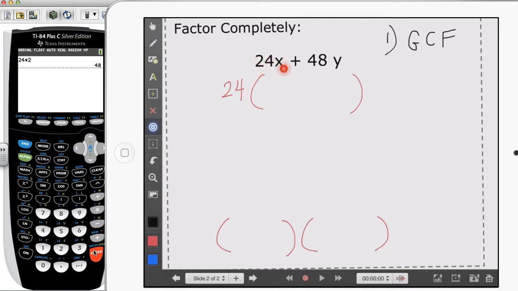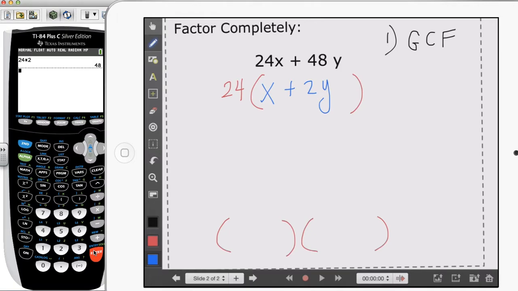You're going to be only left with an x. What's going to be left of the 48 if you factor 24 out? You know that 24 times 2 would give you 48. So then what's going to be left is 2. Now, don't forget to copy the y down.